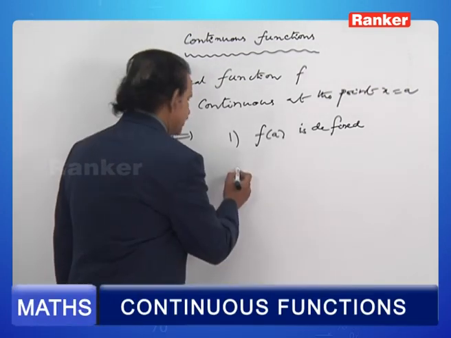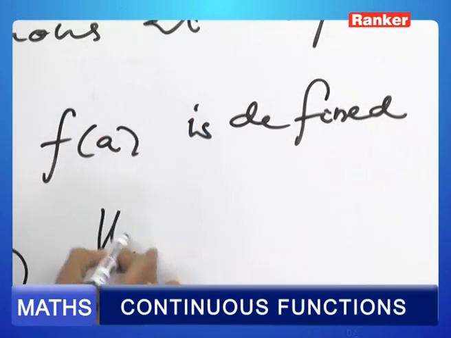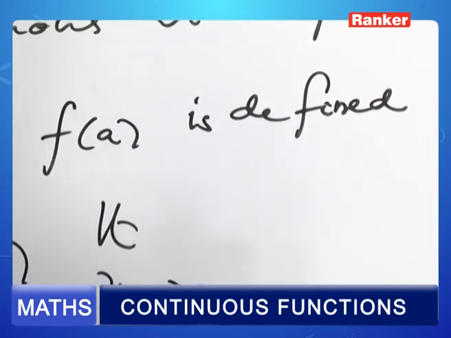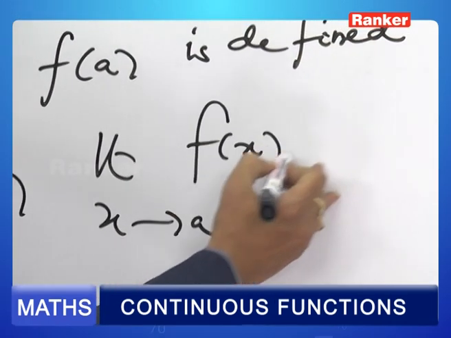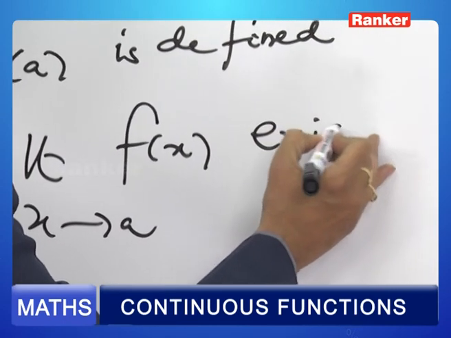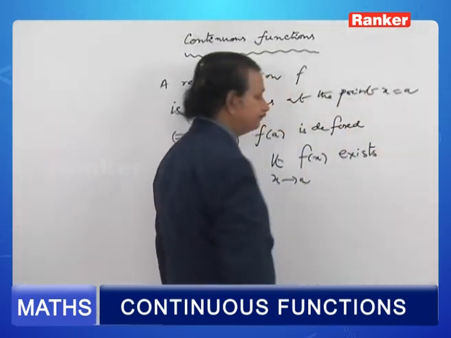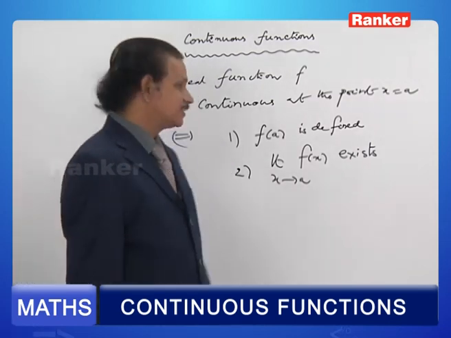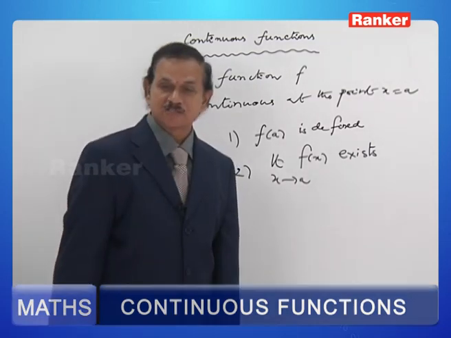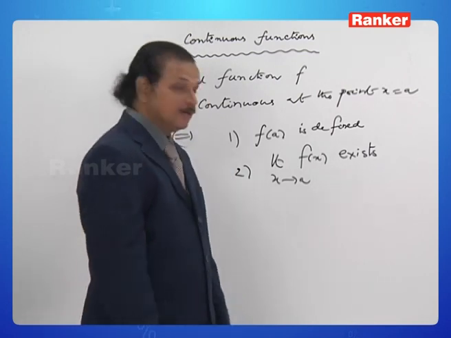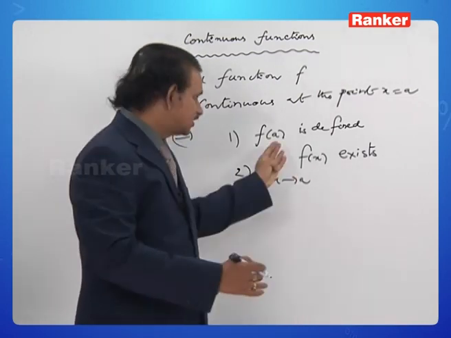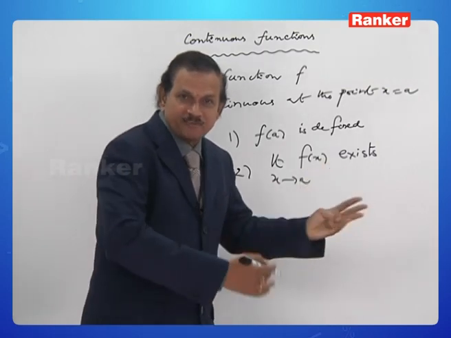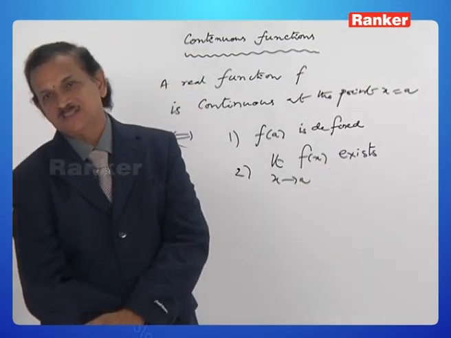Well, second condition: the limit as x tends to a of f of x exists. The limit of f of x as x tends to a must exist. Why has this step come into the picture?